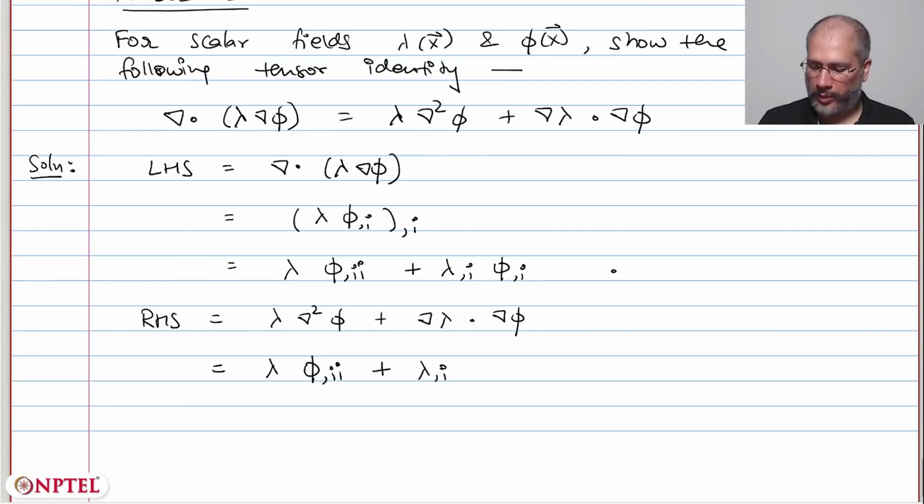So that means both will have the same indices. So grad phi is phi comma the same index i. So we see now that this is exactly the same as left hand side.